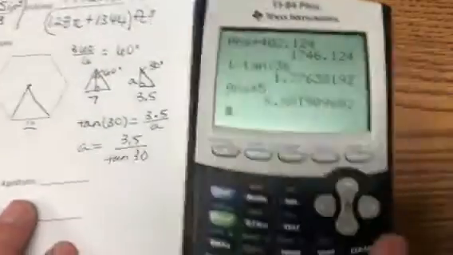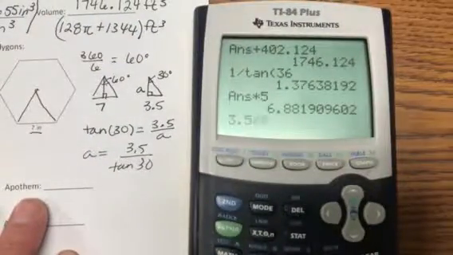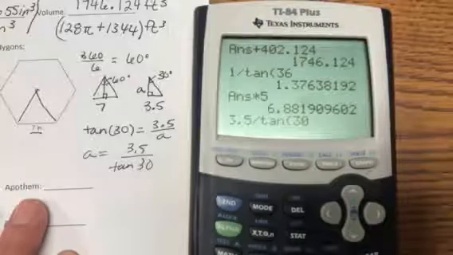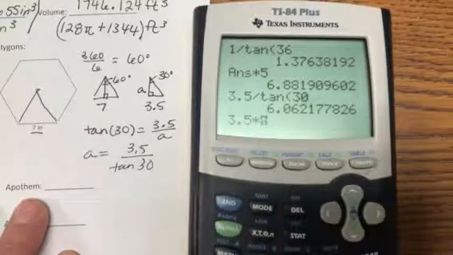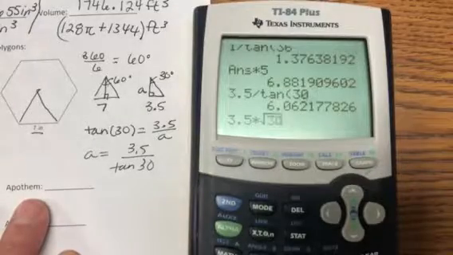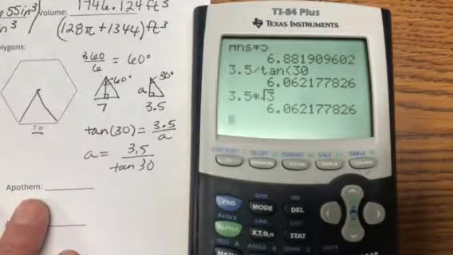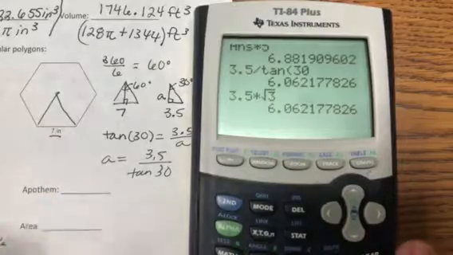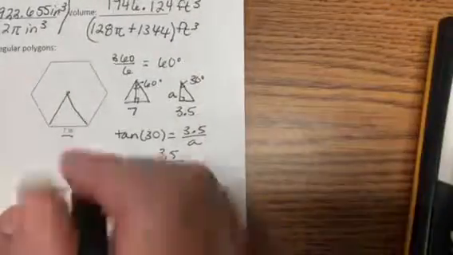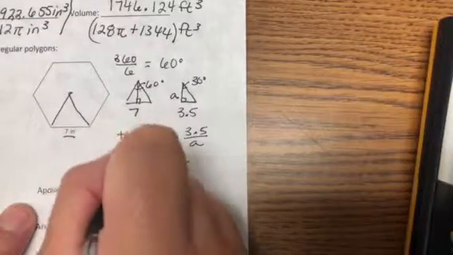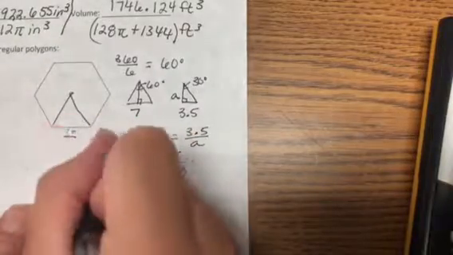So if I do that in my calculator, notice that's the same as if we had multiplied that by the square root of 3, which we learned in unit 2.4 how to do. All right, so the length of my apothem is 6.062 inches.